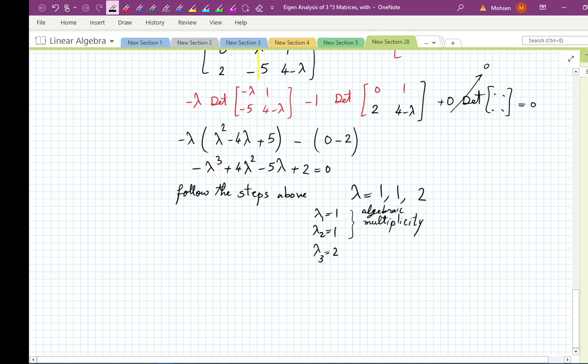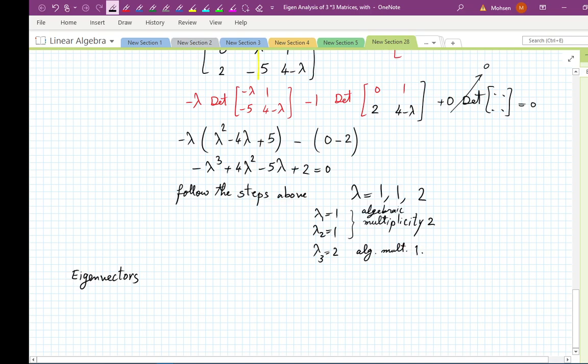Okay, next up, we have to go find eigenvectors. Eigenvectors for the eigenvalues that are single, that have algebraic multiplicity 1.